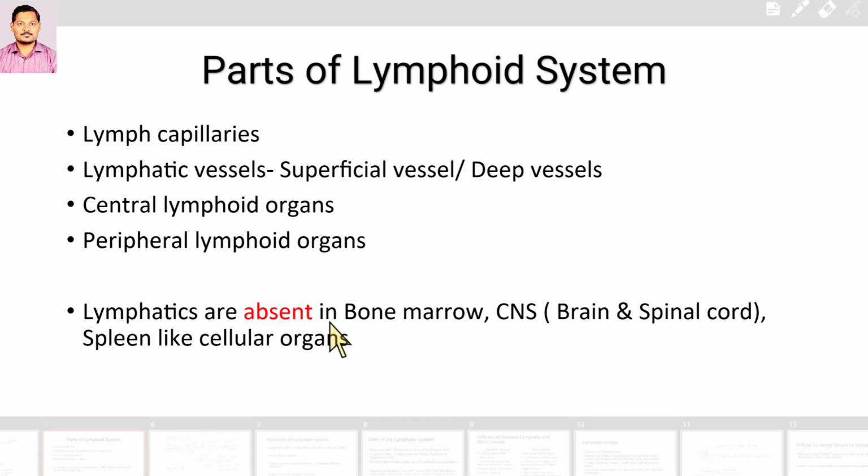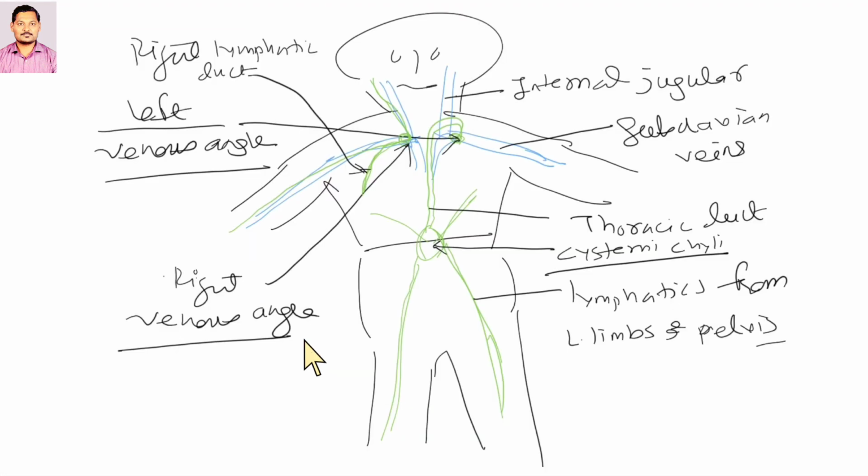Okay, so this is a hand drawn diagram, a schematic, and you can observe a body with a lower limb, upper limb, the trunk, the head, the neck part, and what you observe, the blue color are the great veins of the head, neck and the upper limb, and at the junction of this you see a green colored structure opening there, and this big structure is nothing but a lymphatic duct, and the biggest lymphatic duct in the body is also known as thoracic duct.